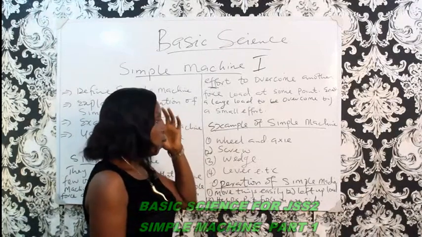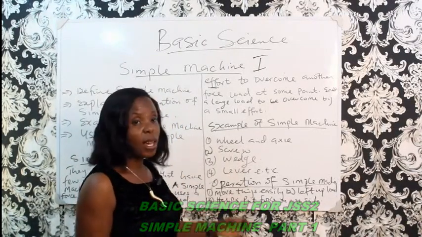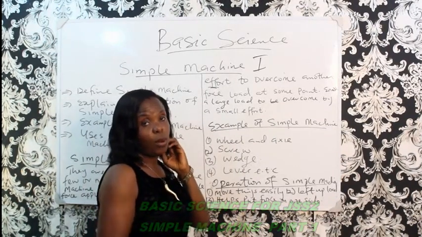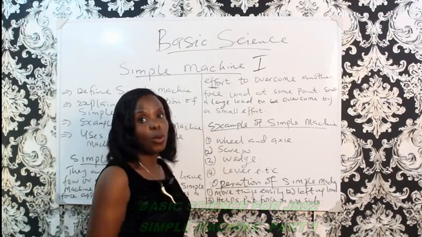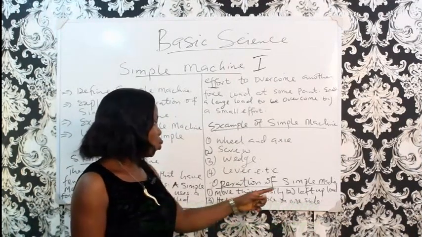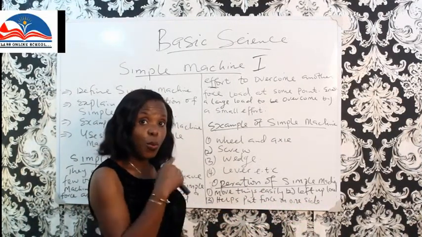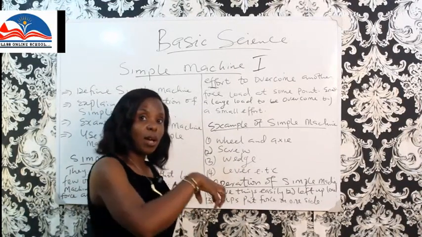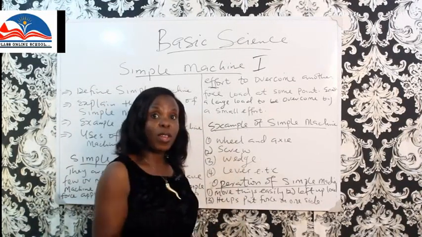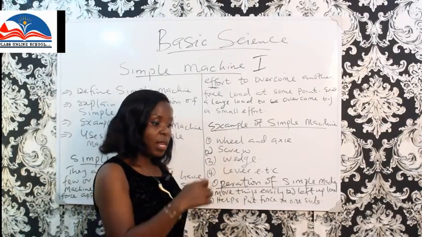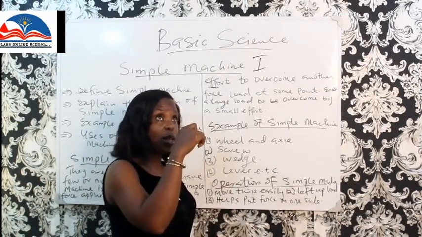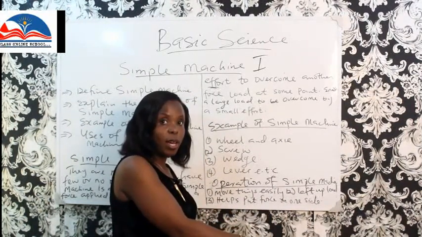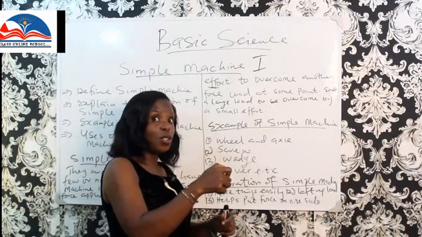It also helps us to lift up load. When we talk about the lever, you will see how the lever helps us to push up load. When you pull it down, it pushes up the load. Or by the aid of a wheel: if you have gone to where they are pulling out an engine from a heavy-duty vehicle, you see that thing with a wheel and a chain that helps them to anchor it to the engine, and then they use the chain to pull.